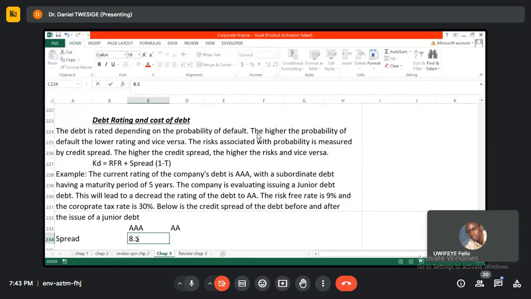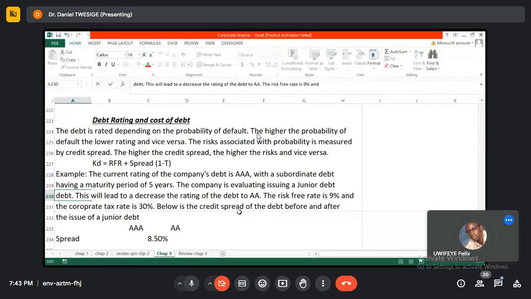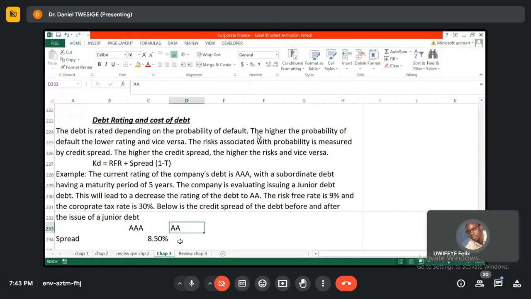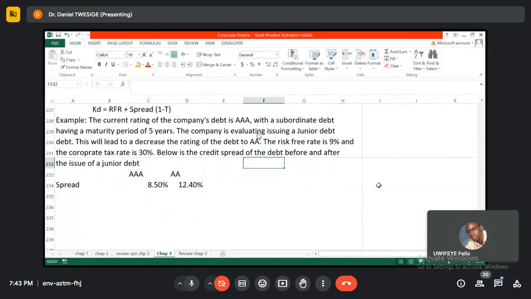Excuse me, is this word decrease? This will lead to the decrease.